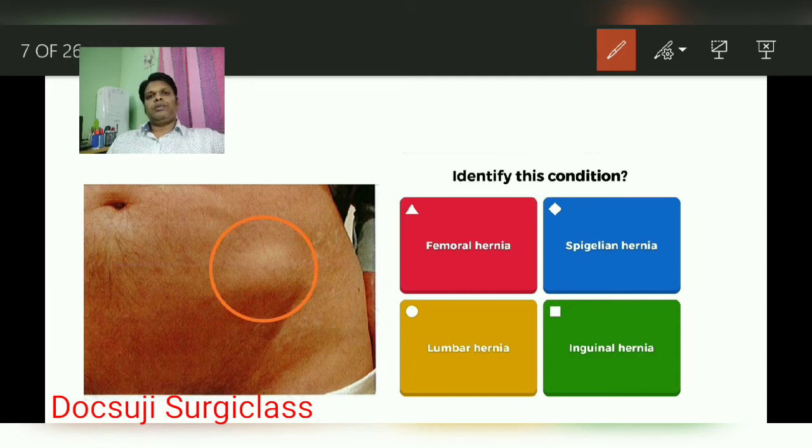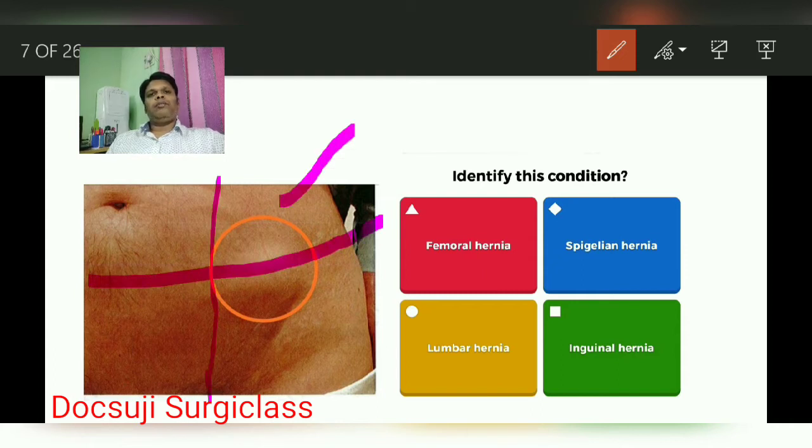You see in this picture this is the left lumbar region, this is the umbilical region, suprapubic, and this one is the left iliac fossa region. This is the location of the pubic tubercle. So first we will rule out the femoral hernia and inguinal hernia.